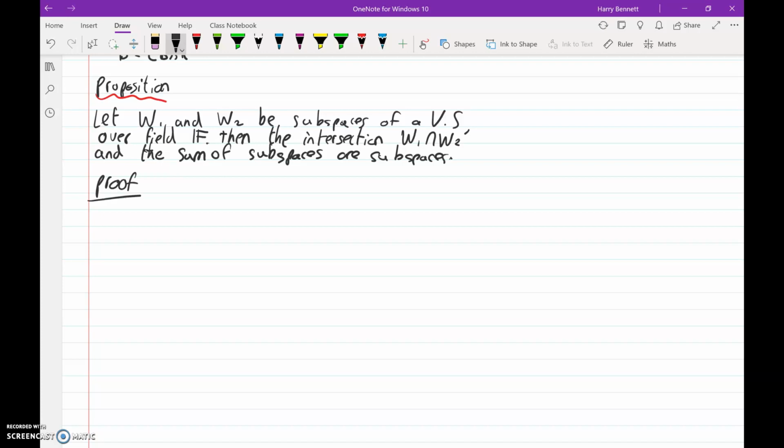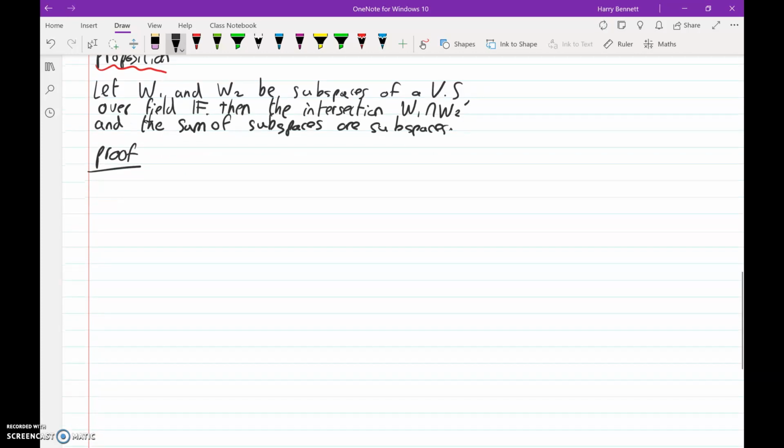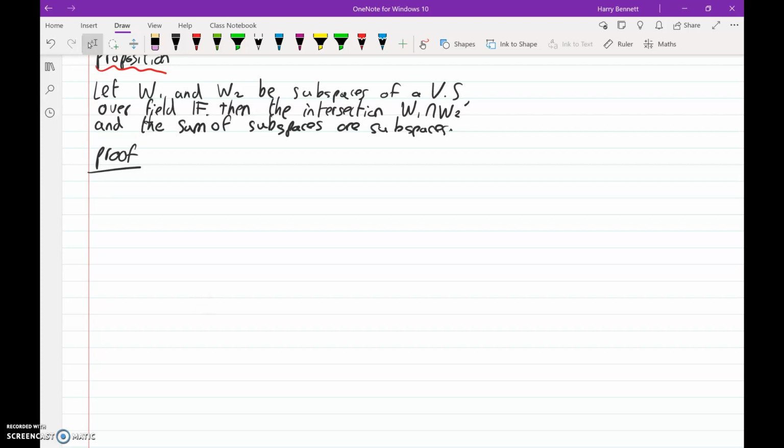The proof's quite simple. It goes like this. For the first part, the intersection: for any subspaces W1 and W2, we have that the zero vector is contained in W1, and the zero vector is contained in W2, by definition of W1 and W2 being subspaces.